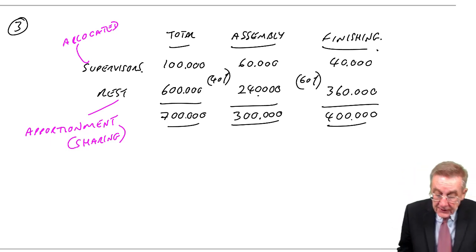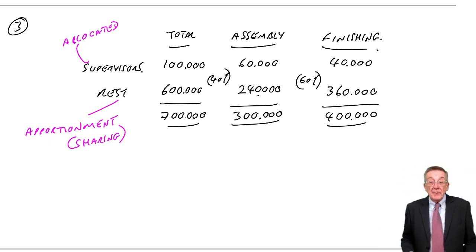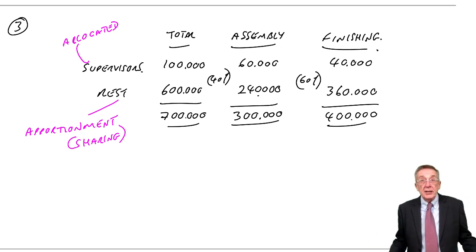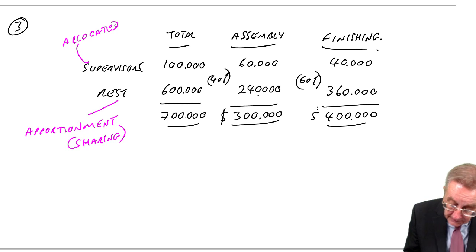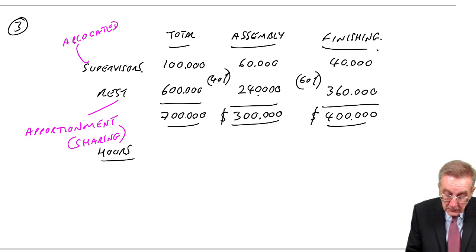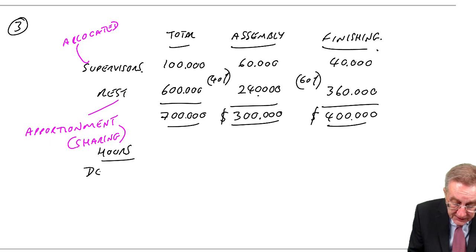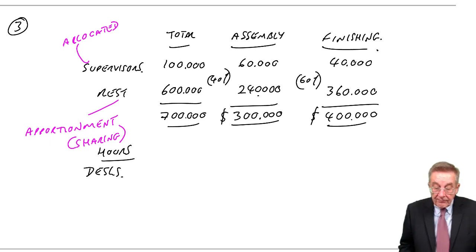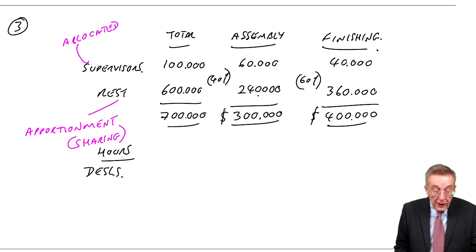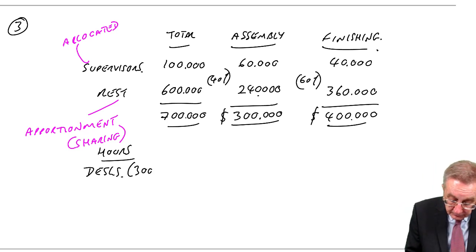However, why am I doing this? We know the cost in each department. I want to work out the cost per hour in each department. So let's now work out how many hours we're working. Desks, we're making 30,000, remember.